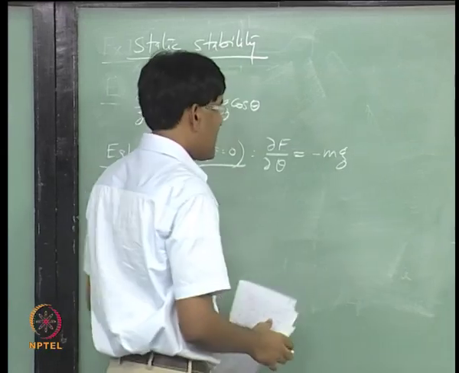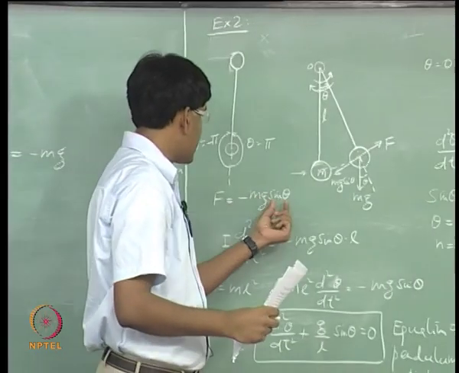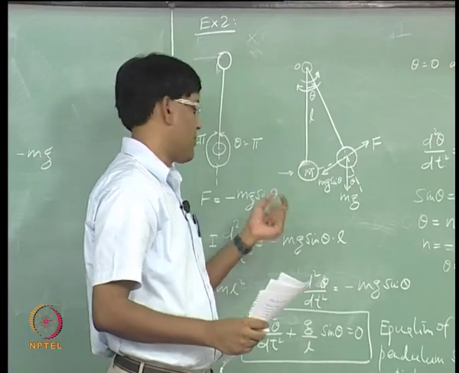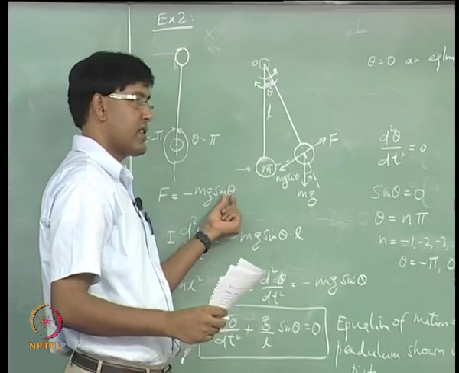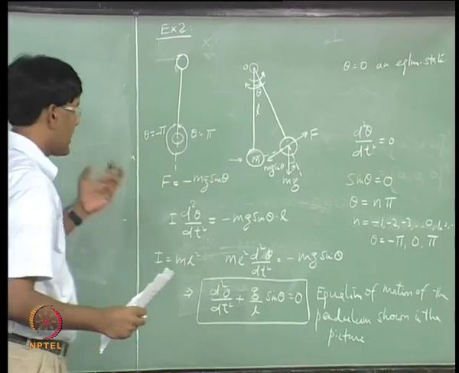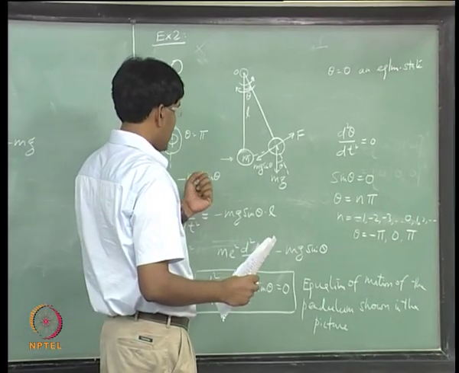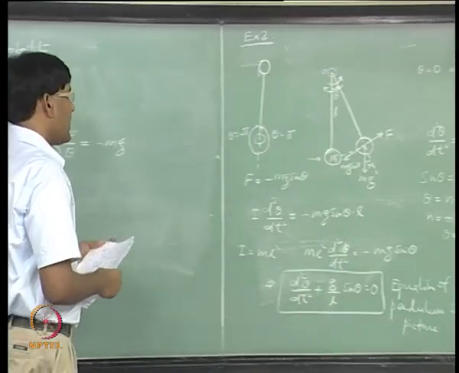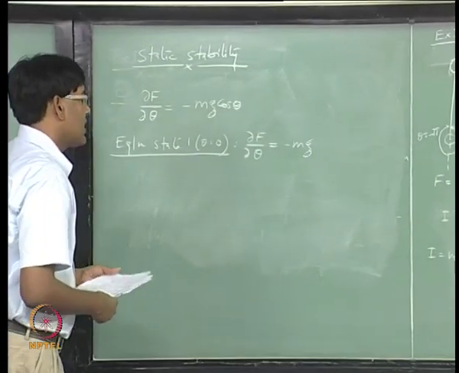Remember, this force is developing only because of the motion of this mass m. If theta is 0, there is no force. This force develops because of the displacement of the mass m, and it is called the restoring force.